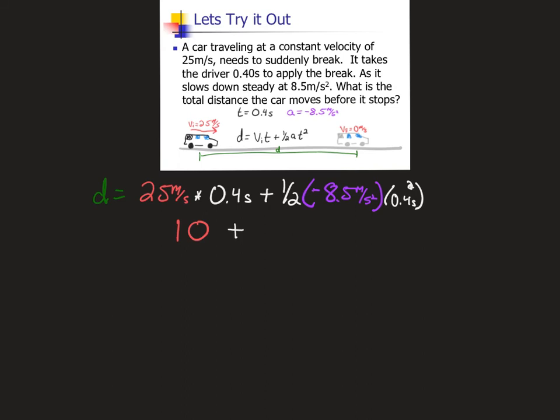Plus, now I'm going to square my 0.4, making it 0.16, and then multiplying that by my 8.5, the acceleration, and then multiplying that by 1/2, or 0.5, to give, and this is technically a negative 0.68.